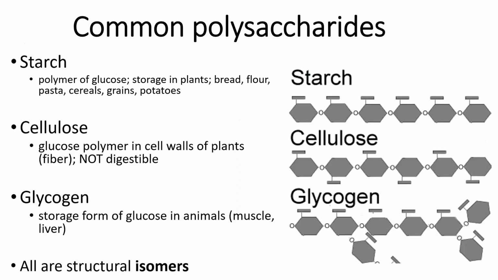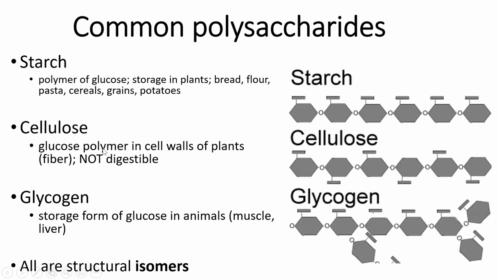the concepts of breaking down and building macromolecules. Some common polysaccharides that I know you've heard of: starch. Starch is a polymer of glucose. You find it as a storage sugar in plants, for example in bread, flour, pasta, cereals, grains, and potatoes.